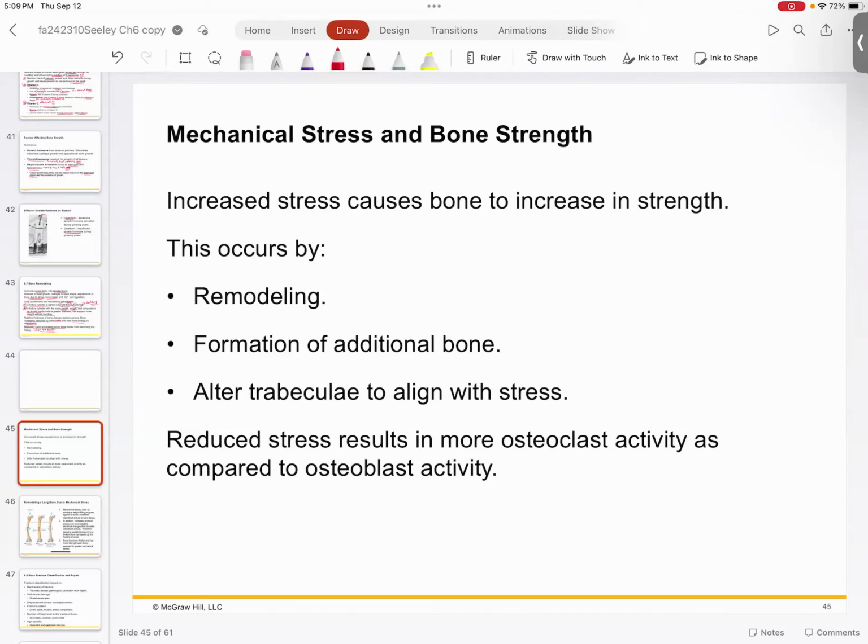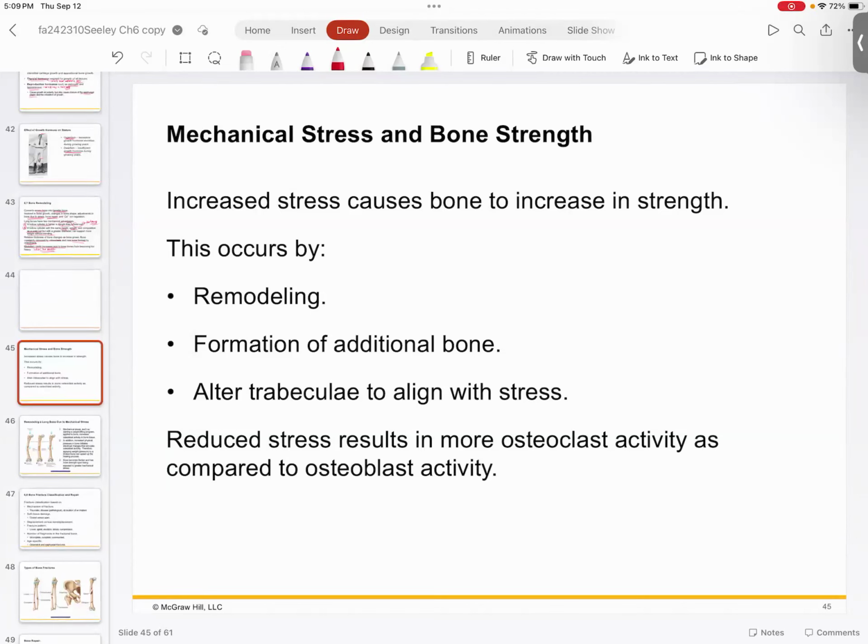And so ultimately, when you take a look at bone development, whether it's osteoblastic or osteoclastic activity, a couple of things can tip this balance in favor of osteoblastic or deposition activities. So for instance, if you increase the stress on your bone itself, that's going to trigger your bones to increase in strength. The way that you do this is by triggering remodeling.